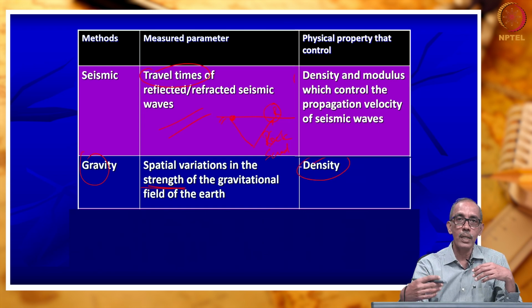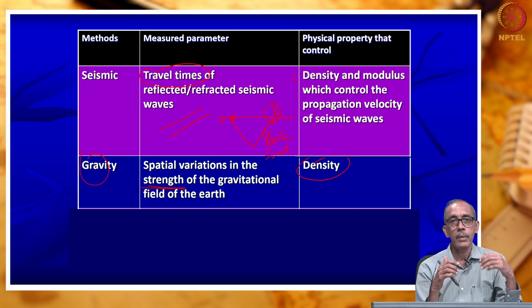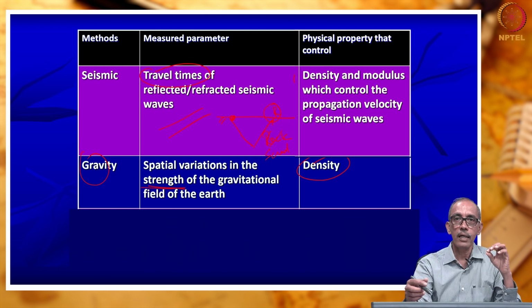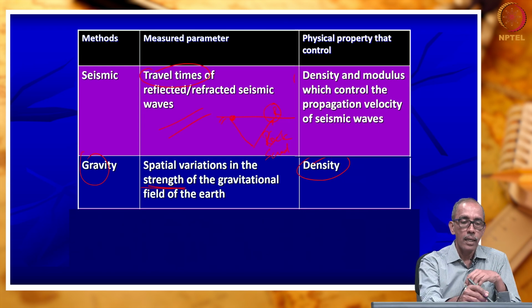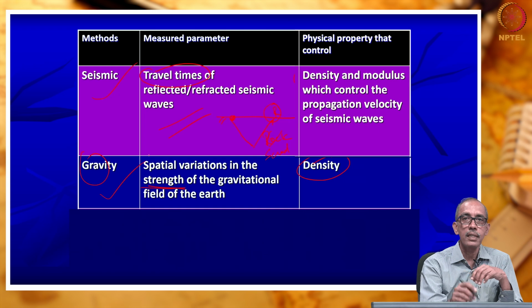Already we have got two methods. See, that is why in geophysics we won't restrict our investigation to deploying only one method. Many times we may need to use different methods to come out with a meaningful interpretation. Already we have seen two methods, the seismic method as well as the gravity method.